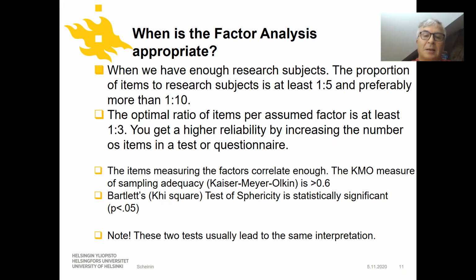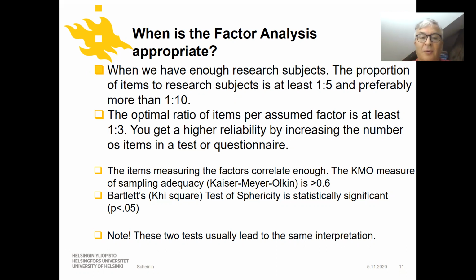Also, there's a ratio of items per factor. So if you assume that you have a one factor model behind the covariance of the items, then you would do well to have at least 3 items. So 1 to 3 would be nice. You can add more and you can have a lot of items, but you shouldn't have less than 3.